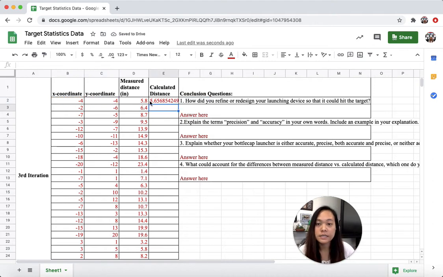So the calculated distance is 5.65, which is really close to the measured distance.